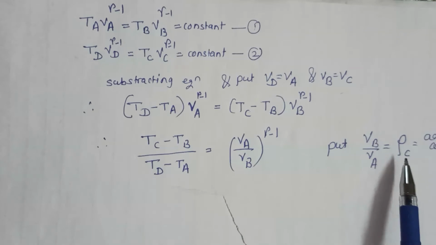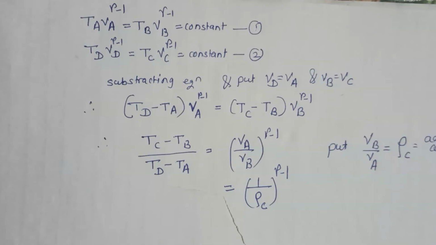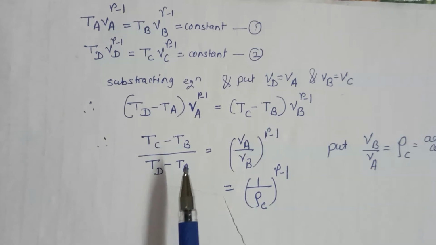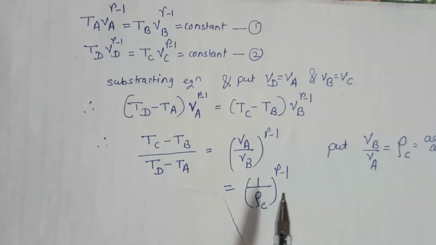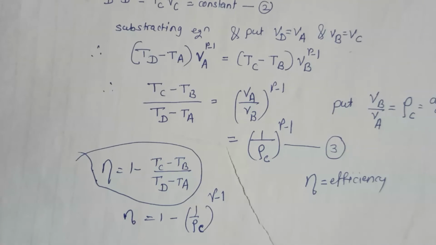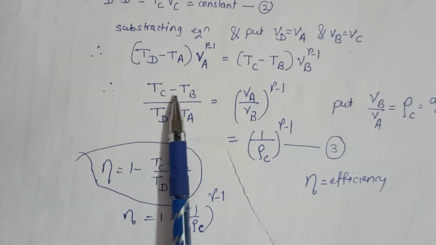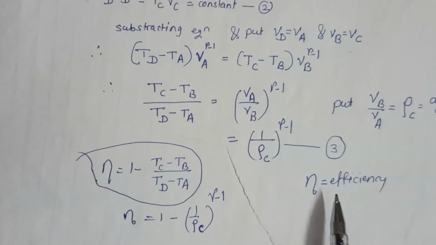Put this value of rho C in this equation, then we get (1 upon rho C) raised to gamma minus 1. Now the value of (TC minus TB) divided by (TD minus TA) is equal to (1 upon rho C) raised to gamma minus 1, considered as equation number 3. Put the value of (TC minus TB) divided by (TD minus TA) in the equation of efficiency.